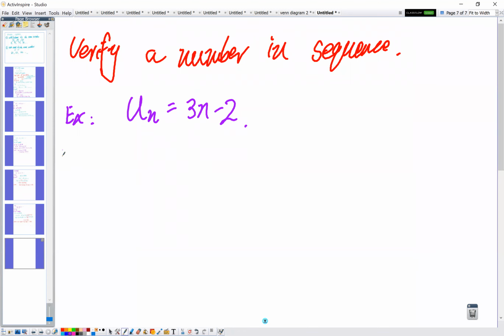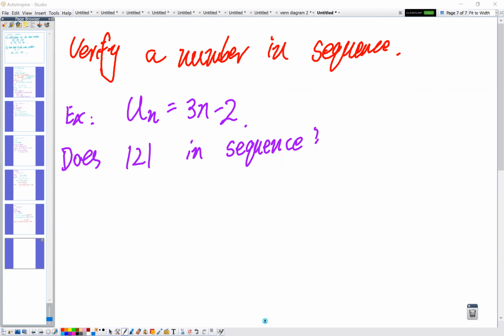Just for example here, the question asks you, is 121 in the sequence? In this type of question, what do we have to do? The question does not tell you anything. The question only asks you to verify whether the answer is in the sequence or not.